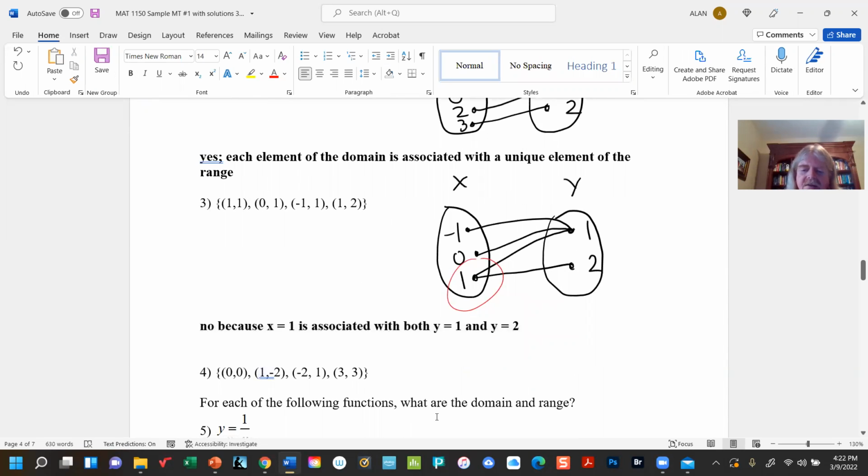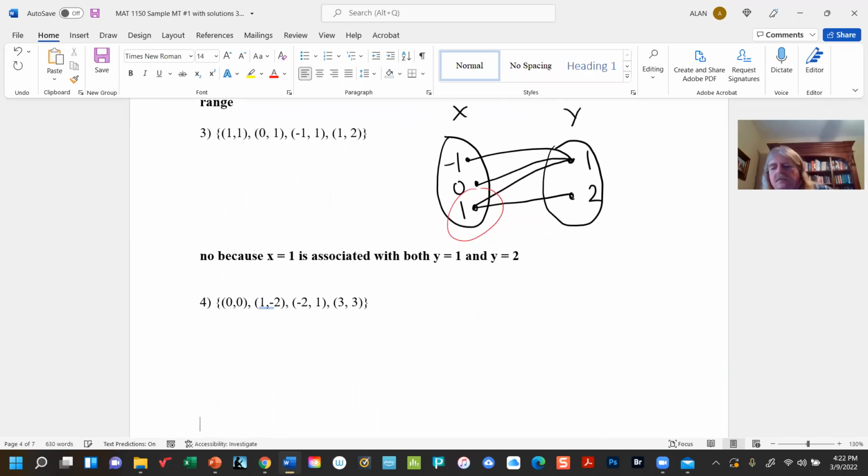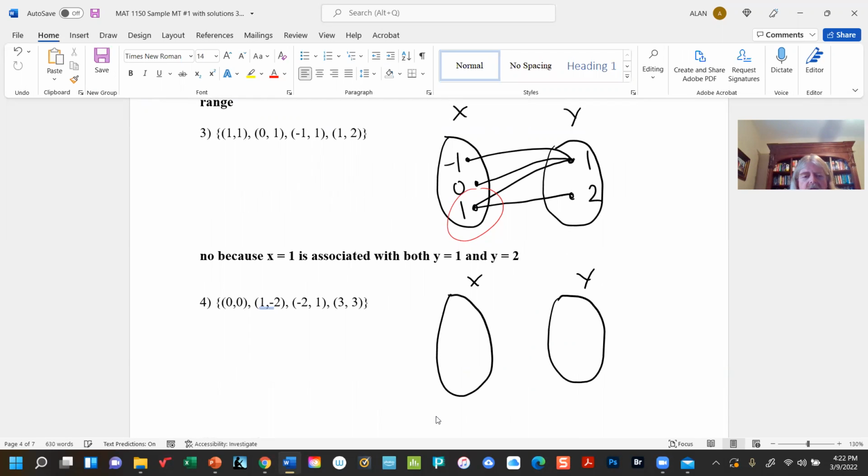All right, and now what about this one? So for the x's, we have 0, 1, -2, and 3. The y's, we have 0, -2, 1, and 3.